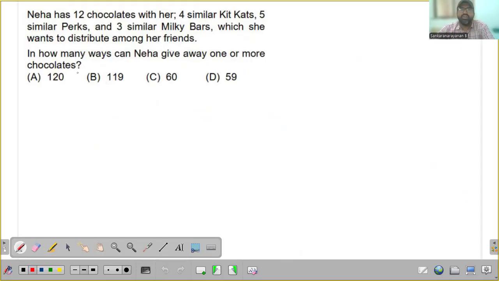Okay, so we can see that there are altogether 4 Kit Kats. These 4 Kit Kats can be handled in how many ways?